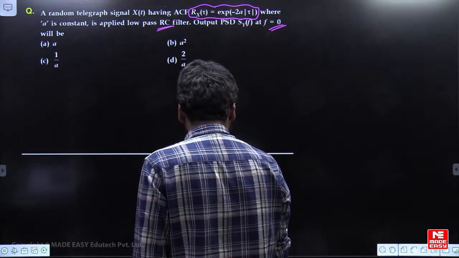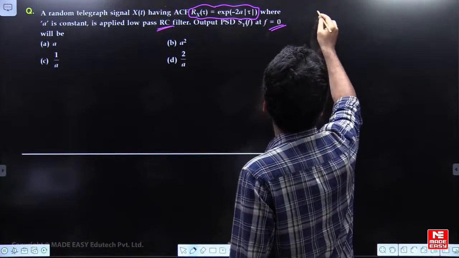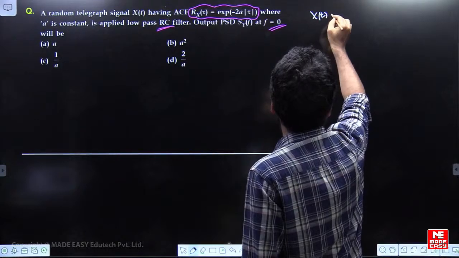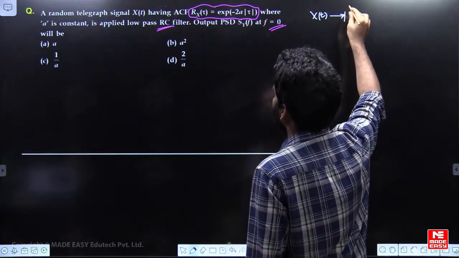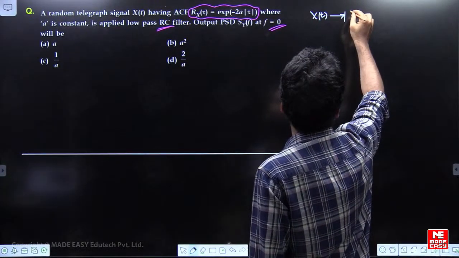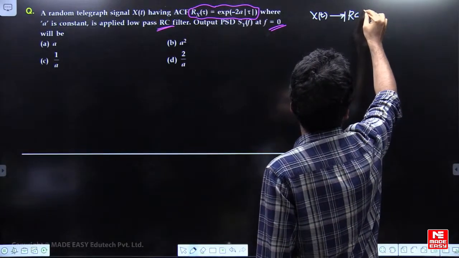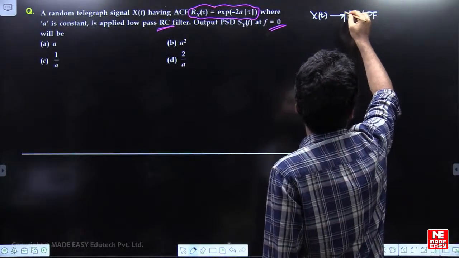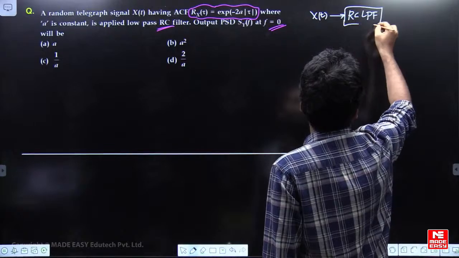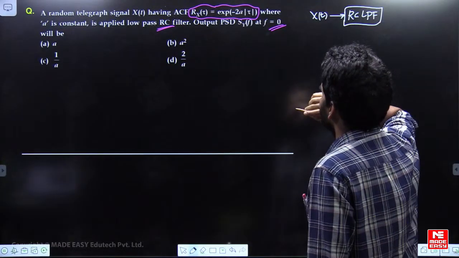Here this x(t) is given to a low pass RC filter.